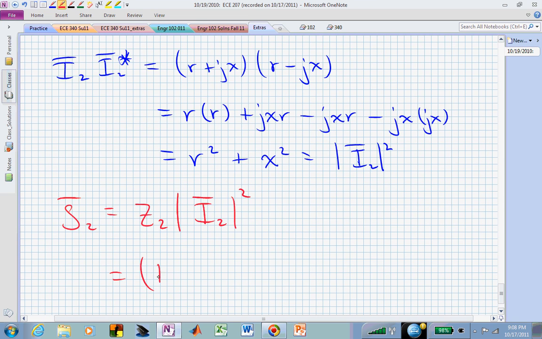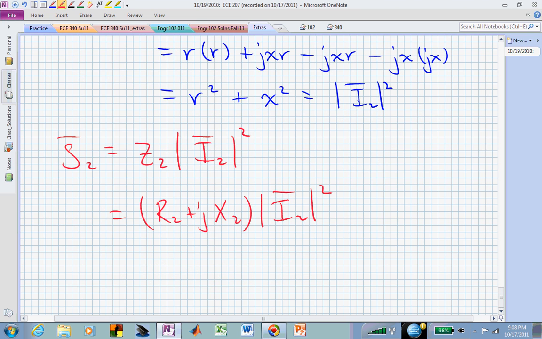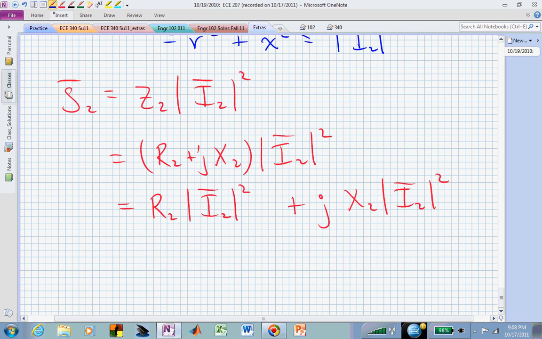Or if Z2 is separated into its real part and its reactive part, we can see that the complex power is R sub 2 times the square of the current, that's the average power, plus the reactive power, J X2 times I sub 2 squared. This is the average power and the reactive power.